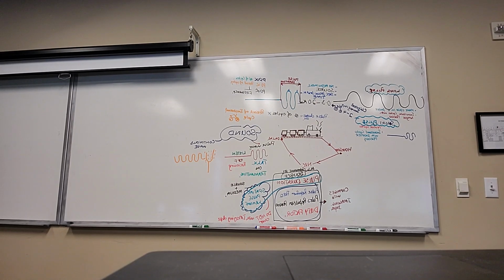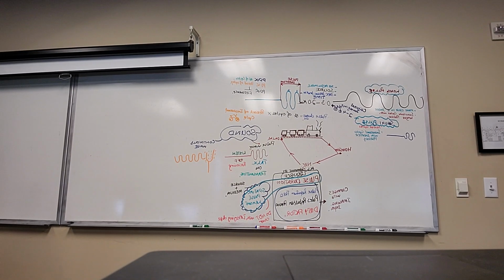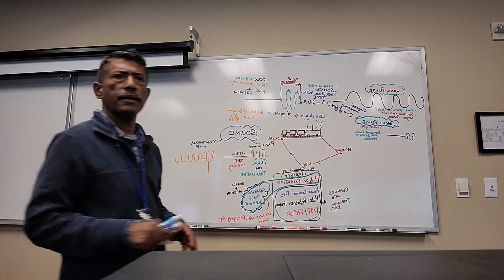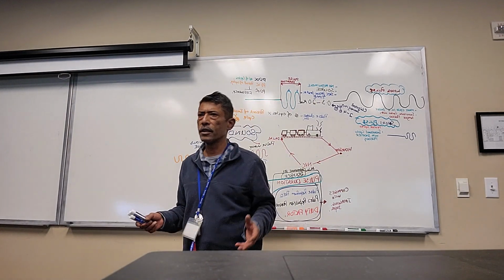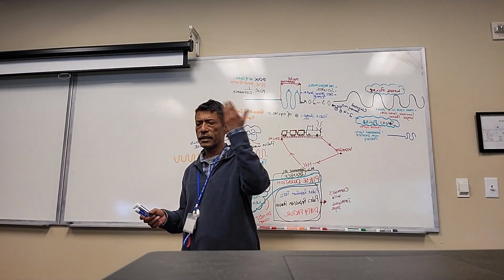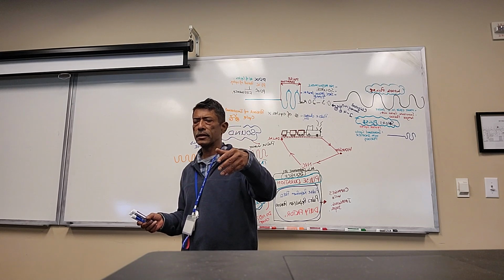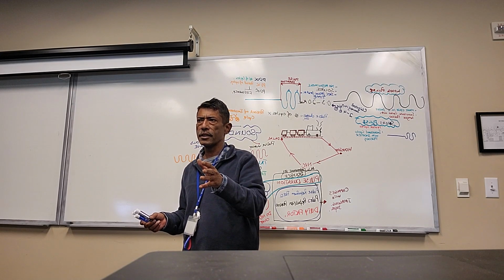Now what's the spatial pulse length? It's the distance that the pulse occupies out there in the space. For instance, this is a pulse with fewer cycles, being transmitted out there in the space.